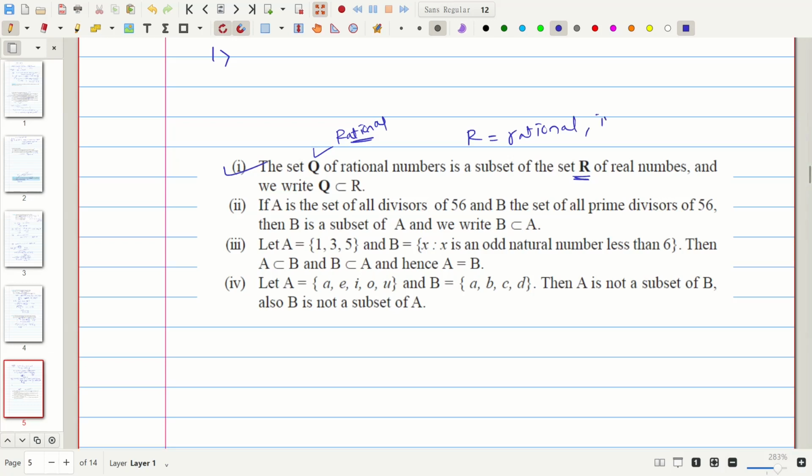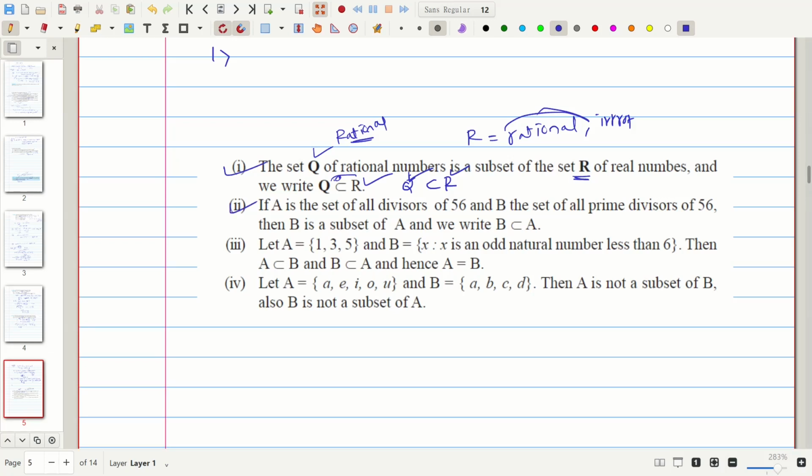Then we can write Q is a subset of R, because rational numbers are present in the real numbers, since real numbers are the set of rational numbers and irrational numbers.